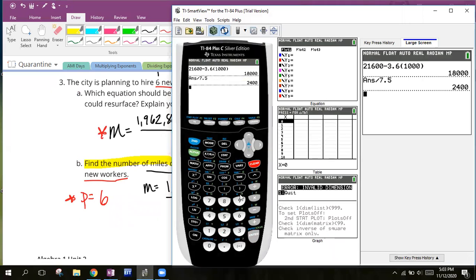1,962,800 minus 36,000 times 6. That's going to give me everything in the numerator. I get this long number, and I'm going to divide that by 84,000.